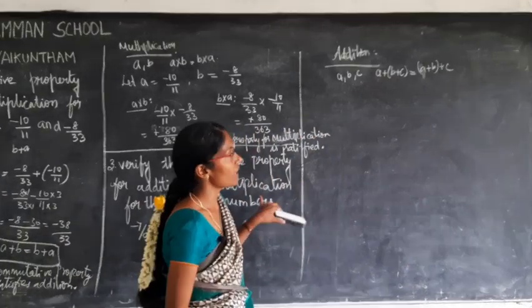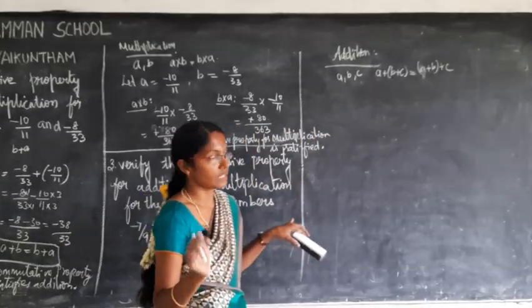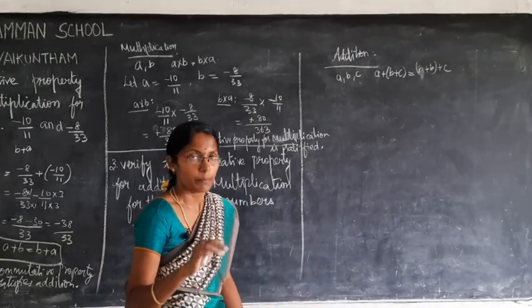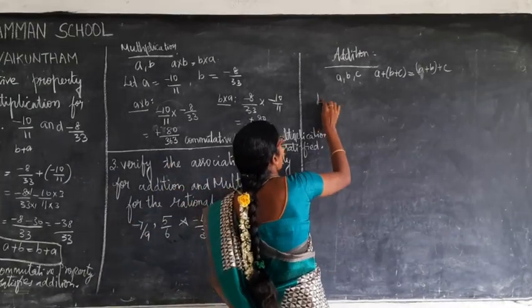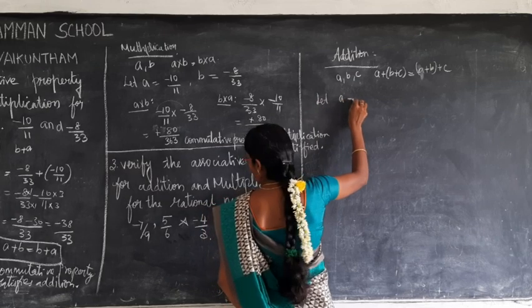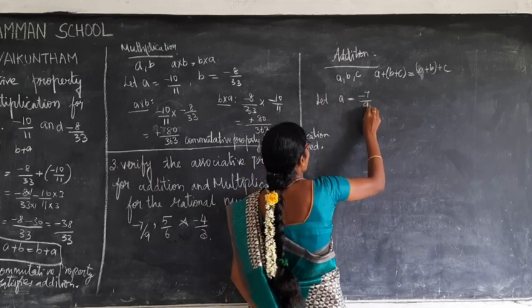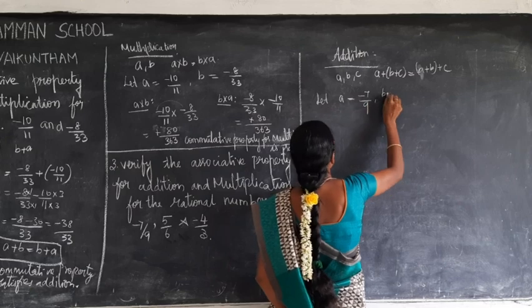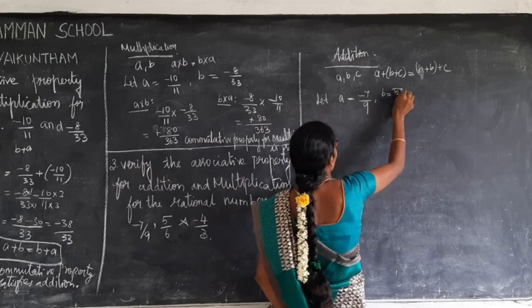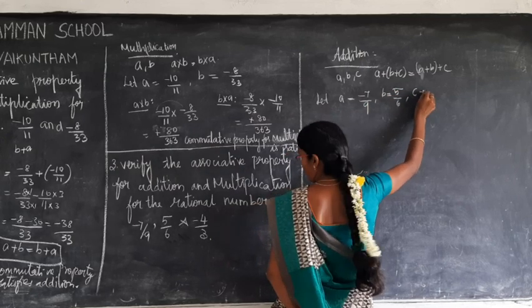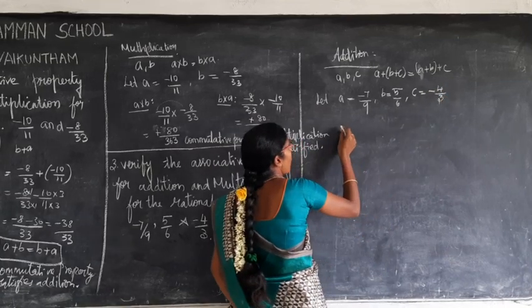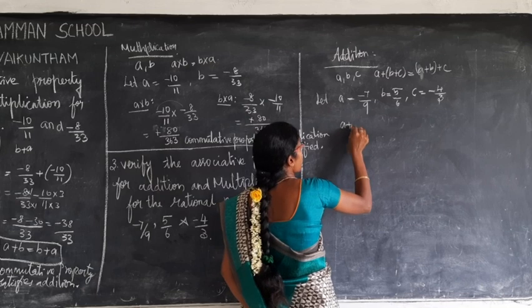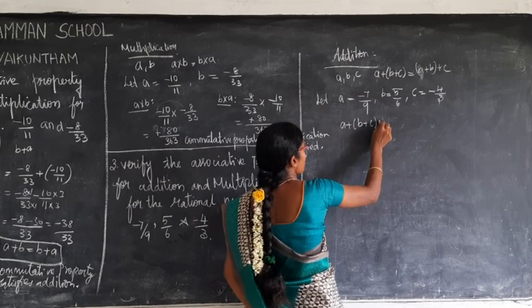Let a equal to minus 7 by 9, b equal to 5 by 6, c equal to minus 4 by 3. So what is the left hand side? a plus (b plus c), first one.